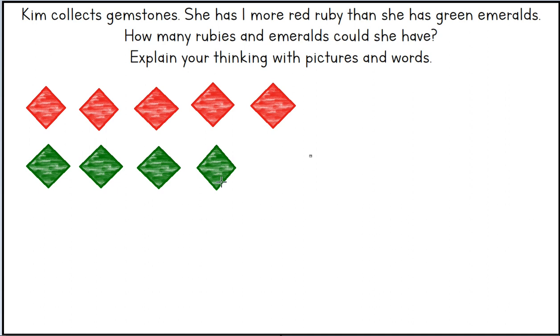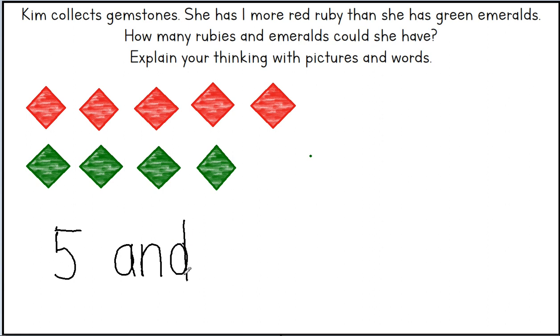So then the problem says how many rubies and emeralds could she have? Now remember, yours does not have to match mine, okay? Remember, these questions are very open-ended. All right, so how many rubies and emeralds could she have? Well, I know that I said that Kim has 5 rubies, so I'm going to write 5. I'm going to put my connector word, and.